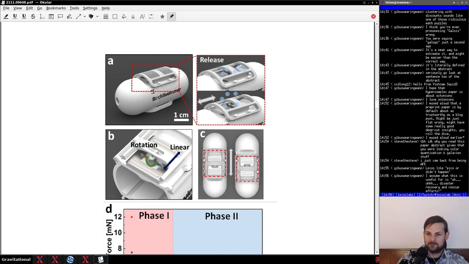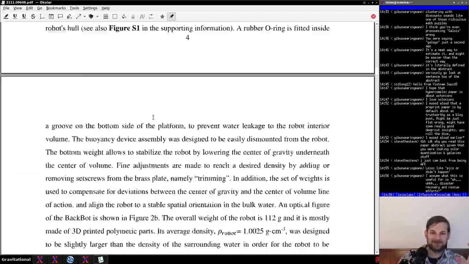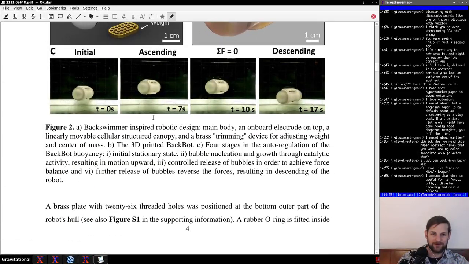I assume that this is useful for disaster recovery and rescue efforts. Could be. But this thing has to be super small in order to use the surface tension of bubbles to make it swim. But here it is, right? Here's how it works. We have in C, four stages in the auto-regulation of the robot's buoyancy.